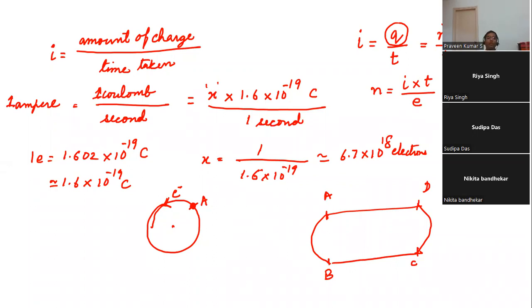Now if I ask you at the end of the first minute, how many times have you completed one circle? How many times will you cross the point A? In the first minute you wouldn't have completed it because you require 5 minutes.